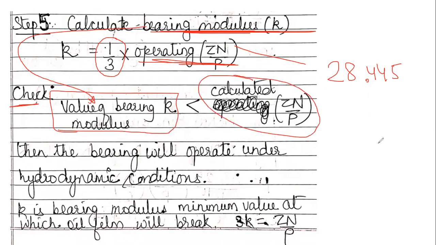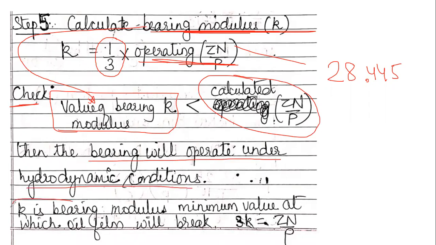That value should be less than the calculated ZNP, means the value which you have calculated in step number 4, that is your calculated Zn by P. Then you can say that the bearing will operate under hydrodynamic conditions.